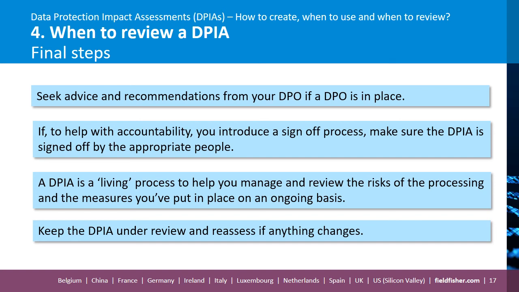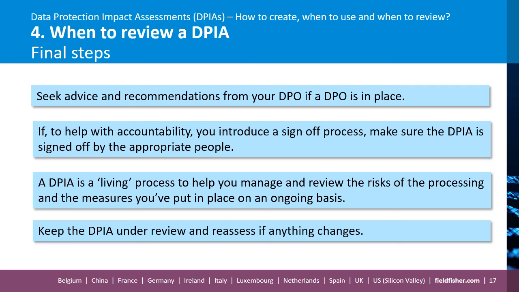We have now established context, assessed proportionality and risk, and mitigated those risks by implementing accountability measures. The final steps to conclude the process would be to seek advice and recommendations from your data protection officer or DPO, if a DPO is in place.